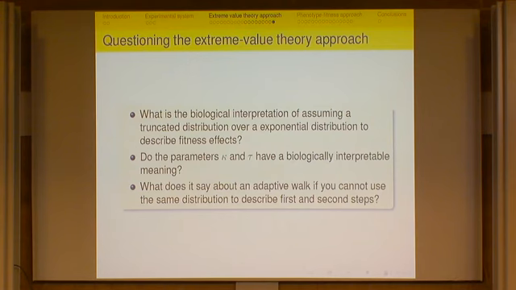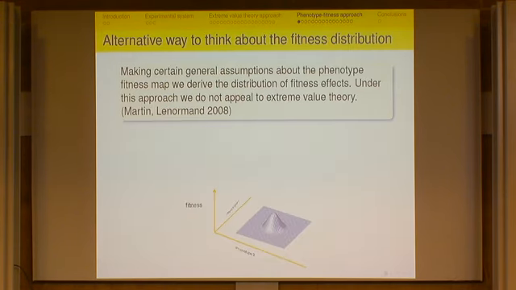And that's what I'm hoping to at least give an idea of, using some ideas that Guillaume Martin proposed. And the idea is the following. Let's suppose that there are a set of phenotypes that are driving this.